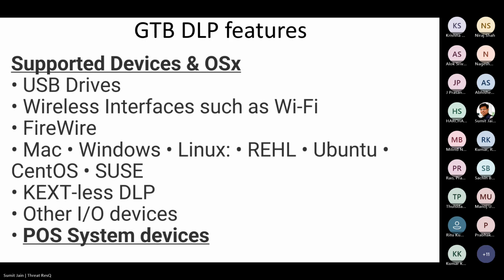The Linux operating system is also native to GTB DLP, and with open source Linux, it supports Ubuntu 16, 18, 20, 22. Apart from that, Red Hat Enterprise 8 and 9, and CentOS 7 and 8 are supported, and CentOS is now called Rocky Linux, so Rocky Linux 9 is also supported, which is the extension or new name of CentOS.